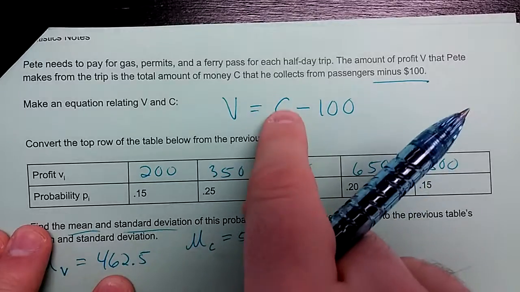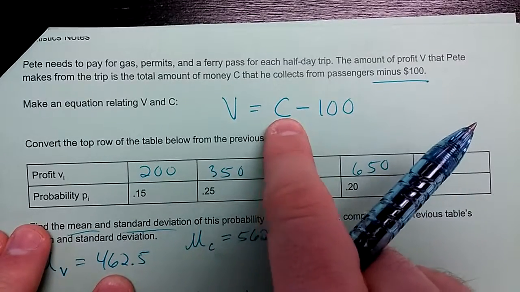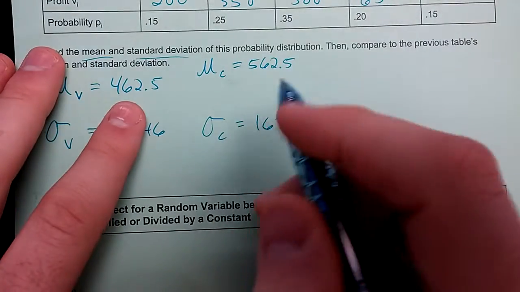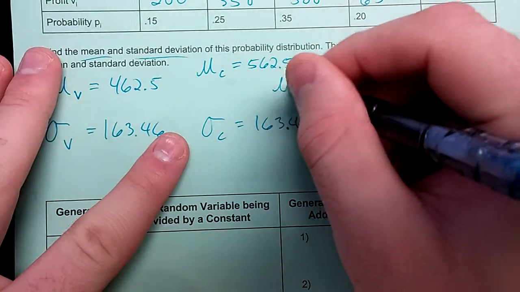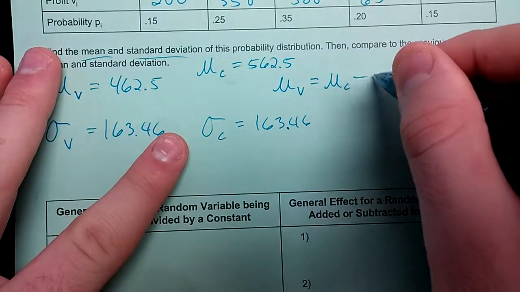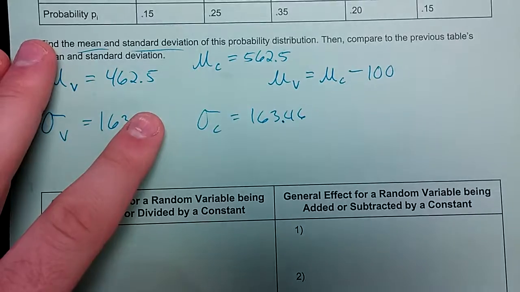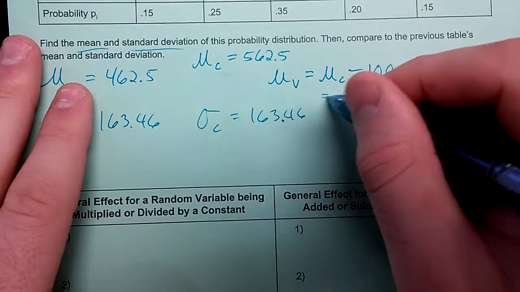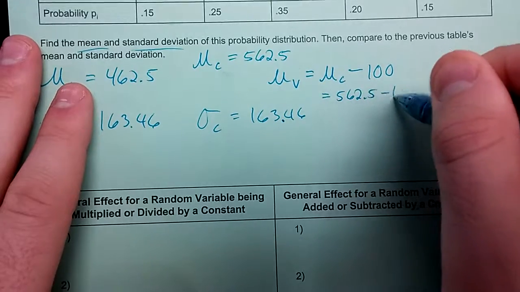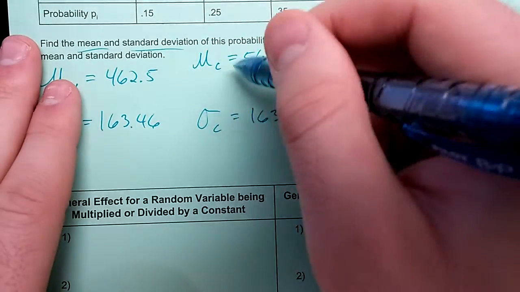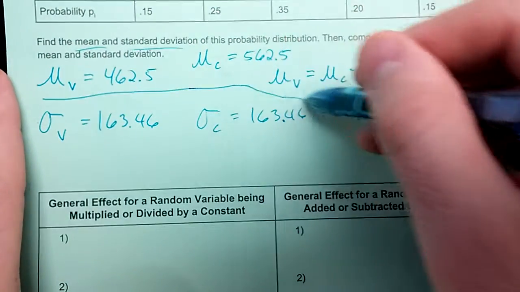Where does 100 come from? This basic equation, the fact that you subtract 100 from every value of C to get the new variable V. So a shortcut to find the new mean of V would be the old mean minus 100. Okay, this is your shortcut. So if I were to continue to work here, 562.5 minus 100 would be equal to 462.5, which is my actual new mean.